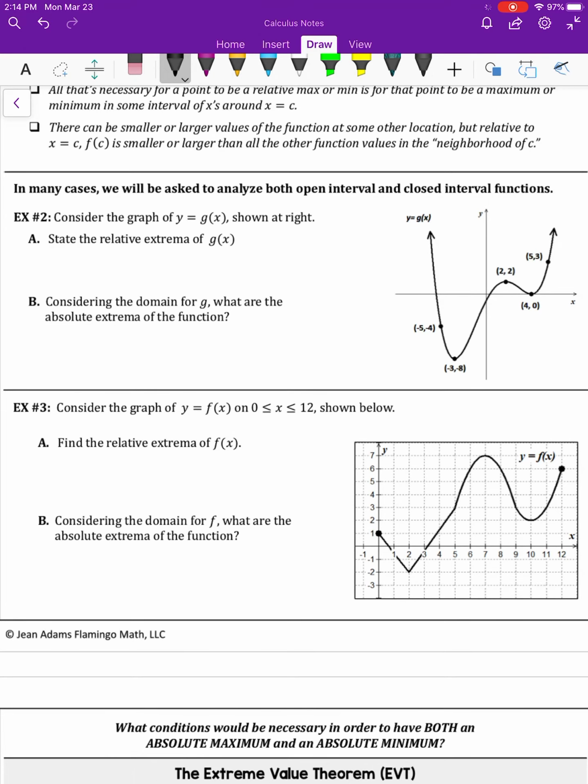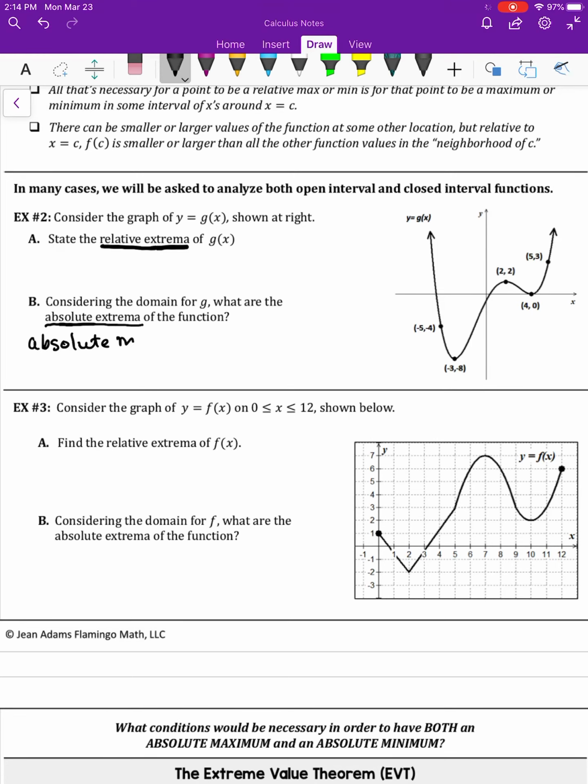For this one, you can clearly see that you've got an absolute, and sorry, I guess they wanted absolute for b and relative for a. So I right away can see my absolute minimum, oh gosh, sorry, that does not even look like a minimum.